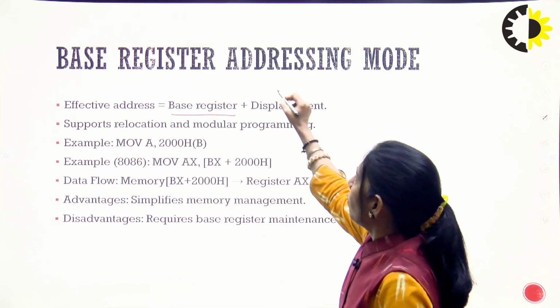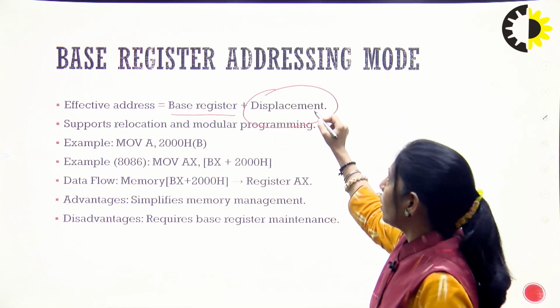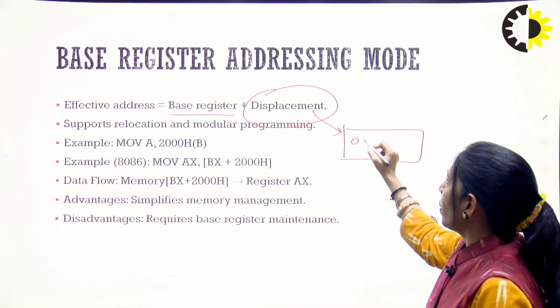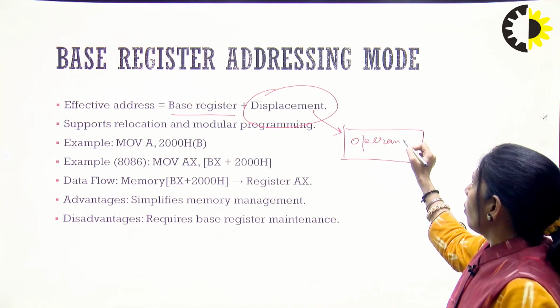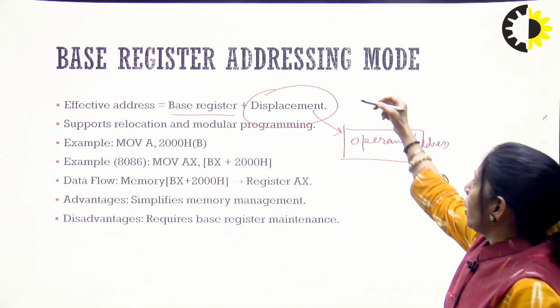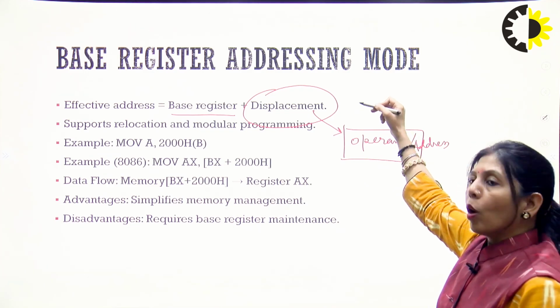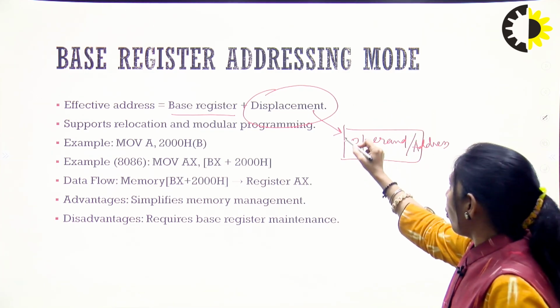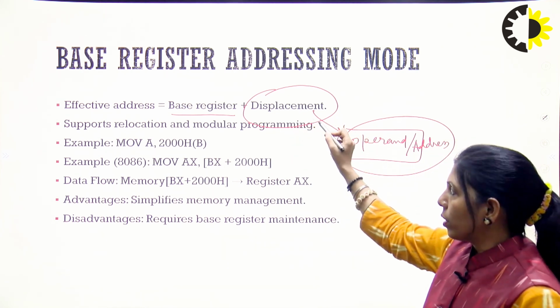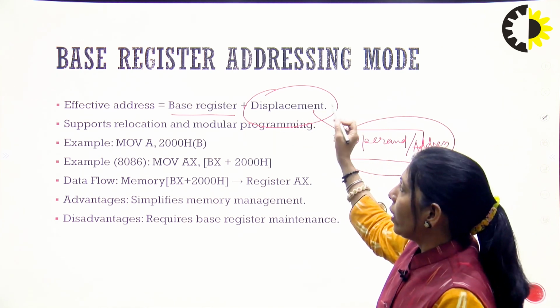That value is referred to as the displacement. This displacement value is already in the operand or address section of our instruction. Here we know there's one opcode and opmode also.